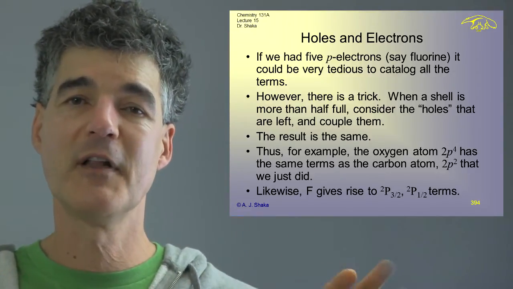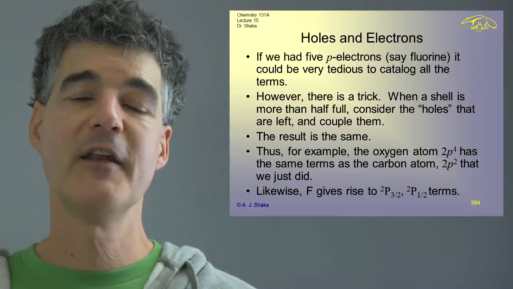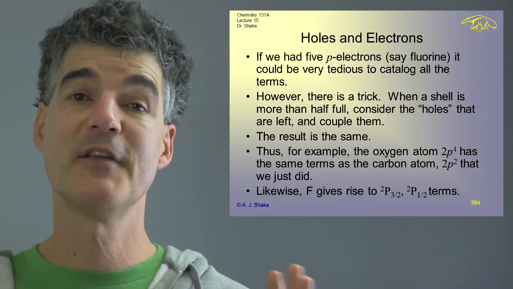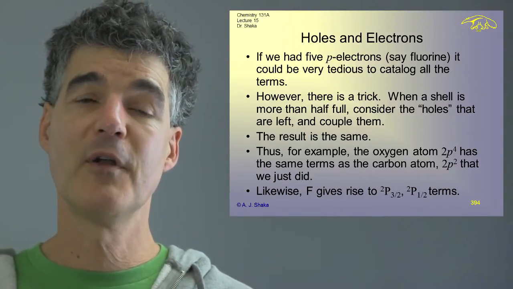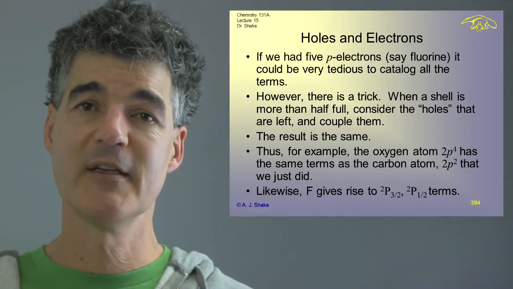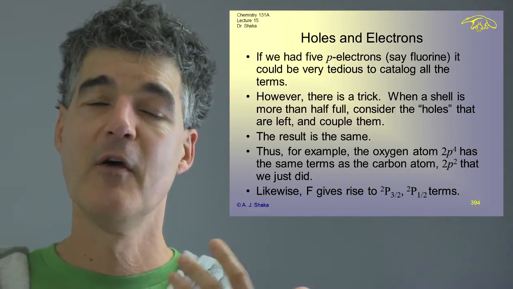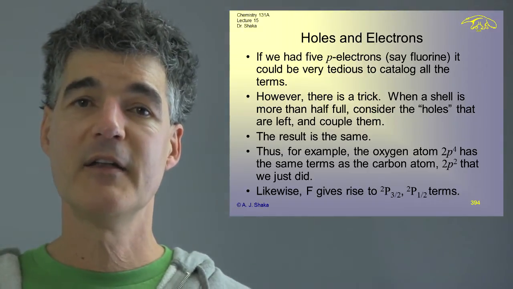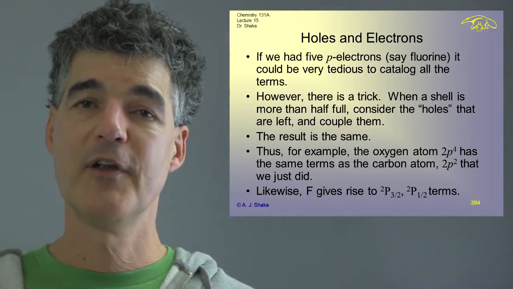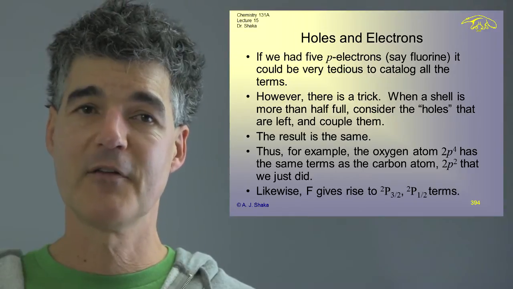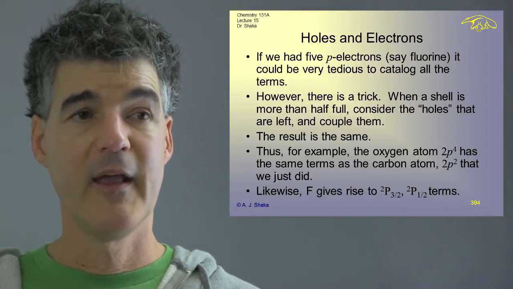The electrons are filling all the orbitals, and it turns out that it's exactly the same, and so you don't have to do it over. Therefore, the worst case is when you've got 3 p electrons or 5 d electrons. Once you've got more than that, it just reduces to a previous case where you have fewer electrons, so it's no harder.